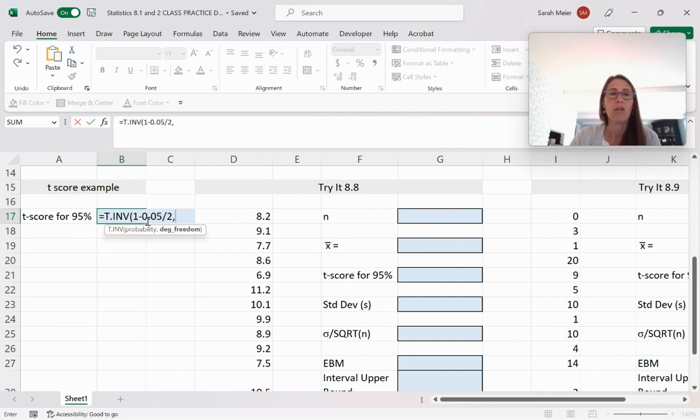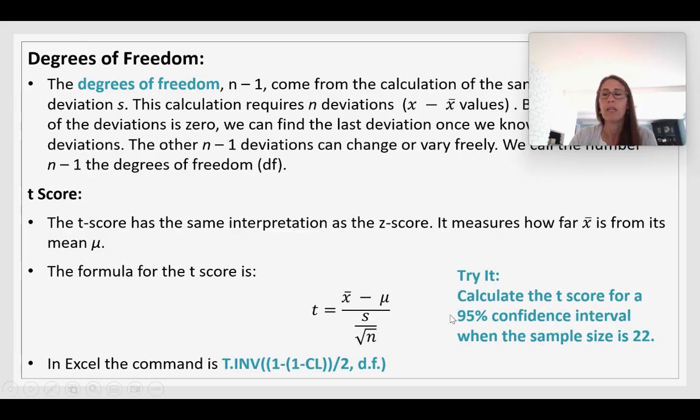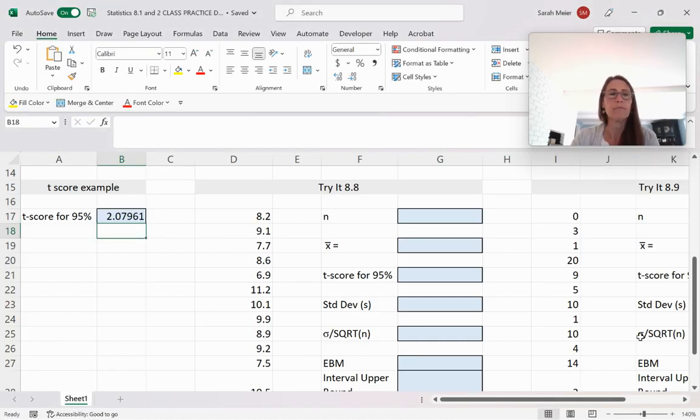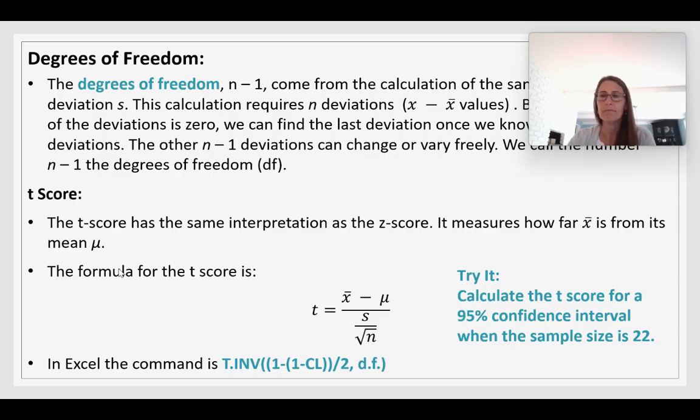Remember, this 0.05 is 1 minus our confidence level, so it's 5%. Then our degrees of freedom. If our sample size is 22, our degrees of freedom is going to be 21. So that's our t-score, 2.07961.